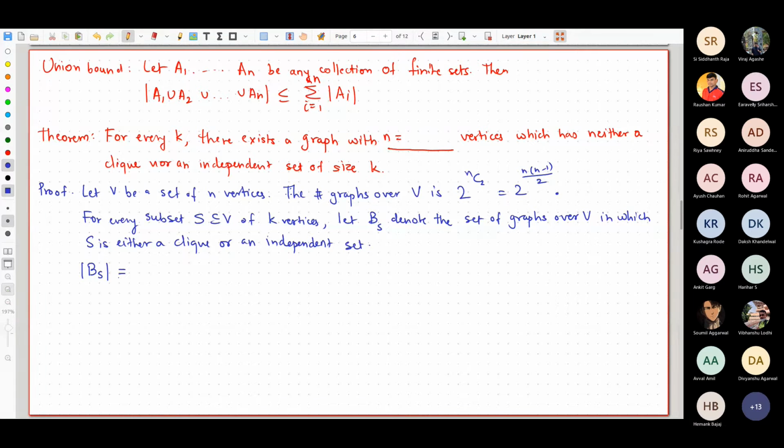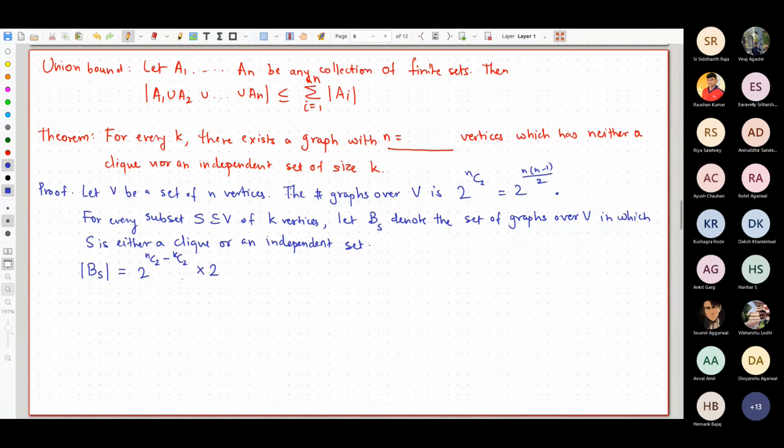2 to the power (n choose 2 minus k choose 2) into 2, plus 1? Into 2. Okay. What is the justification? Why is this so?